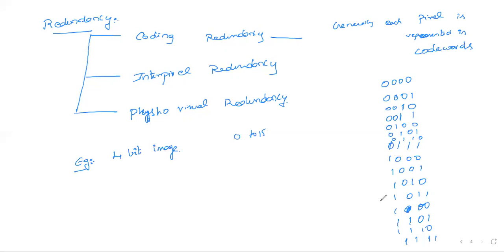So we have 16 possible pixel values. Suppose I am given one image like this: 11456.